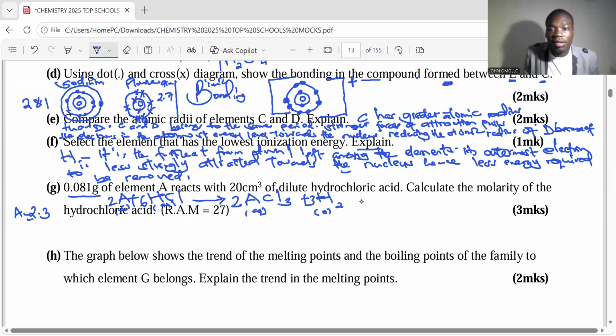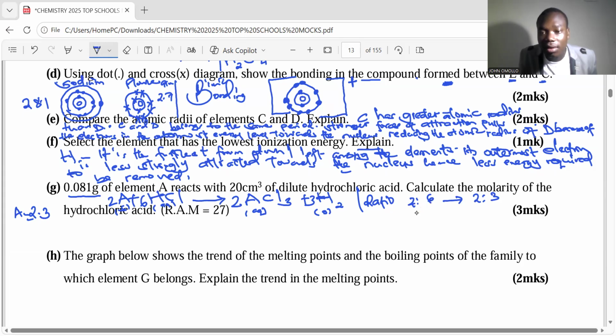What is the mole ratio? The ratio is 2 to 6 for the product and 2 to 3 for the reactant. So 2 cancels. We are going to have 1 to 3, and then 2 to 3. That is the mole ratio.